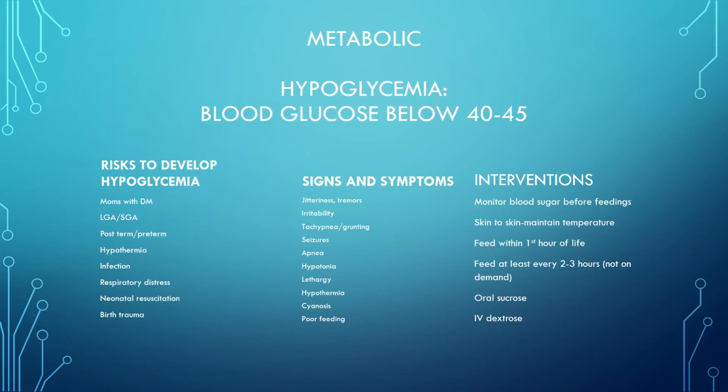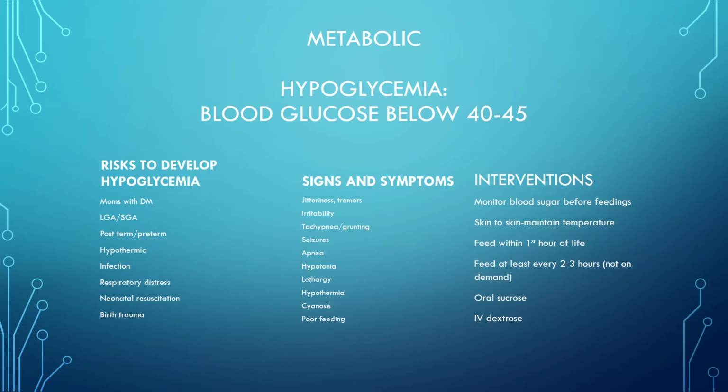So what do we do if a baby has low blood sugar or if they have a risk to develop hypoglycemia? We should be checking their blood sugar within that first hour of life. If they have a lot of risks, we should be encouraging feeding as soon as possible. Whether mom chooses to breastfeed or formula feed, we should do that ASAP to help get some sugar into that baby.